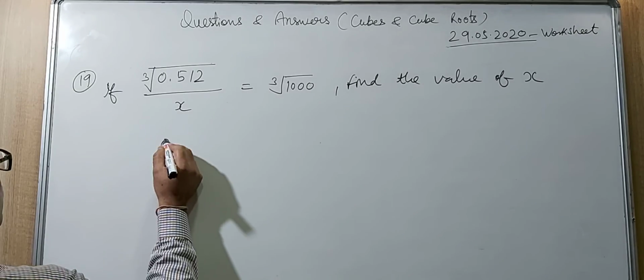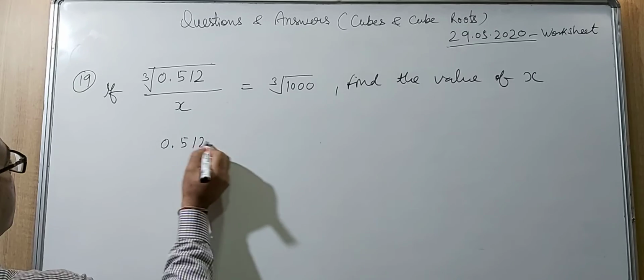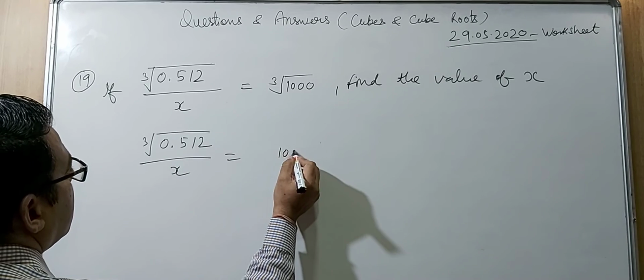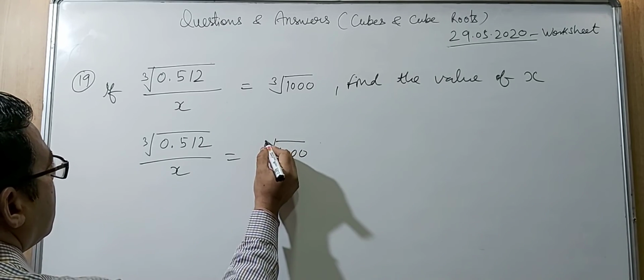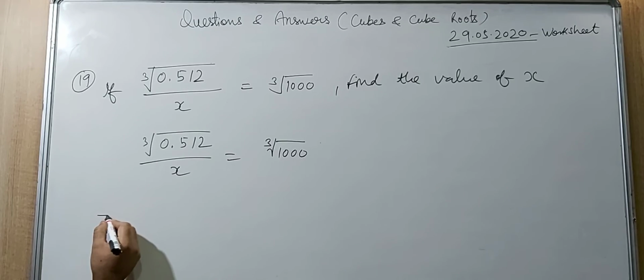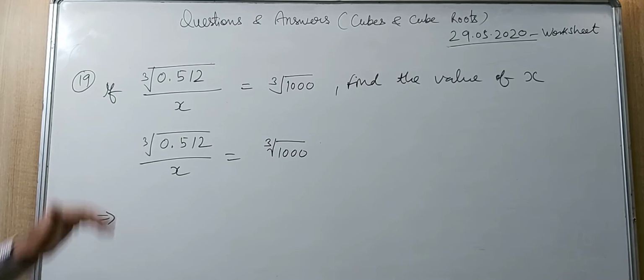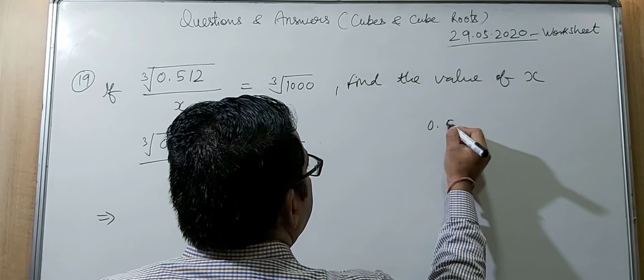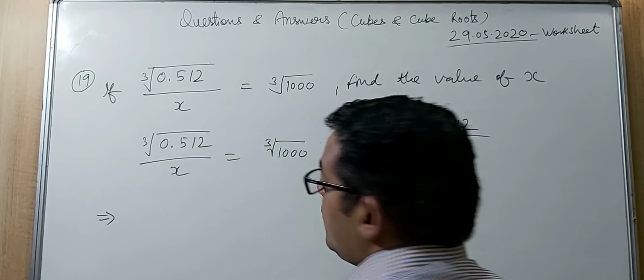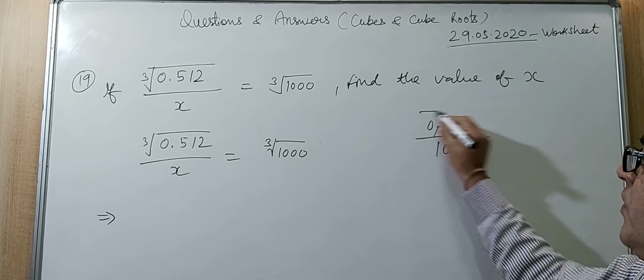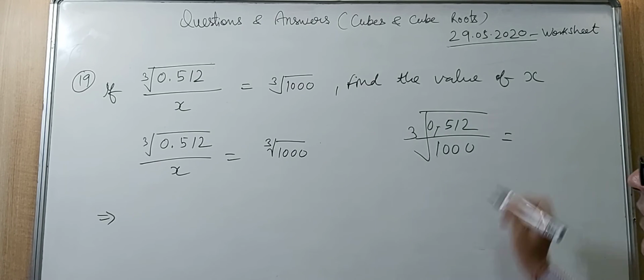So what to do? This is given here. First we need to find the cube root of this 0.512. How can we find the cube root? We can remove the decimal point first, then we can find the cube root.